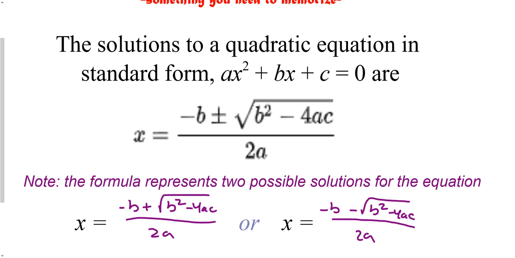In practice, the best way to be successful is to figure out the part under the radical first. Once you get that number, then in the calculator you can do negative b plus root whatever divided by 2a, negative b minus radical of whatever that number is divided by 2a. So in practice, it's good to find that number first. Anyway, let's give it a try, shall we?